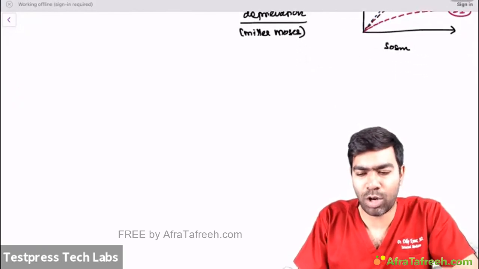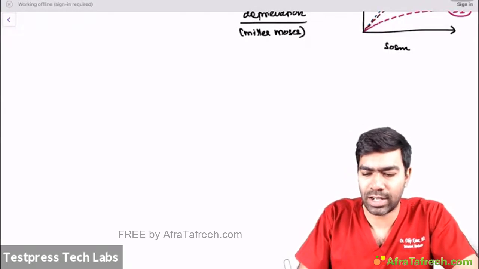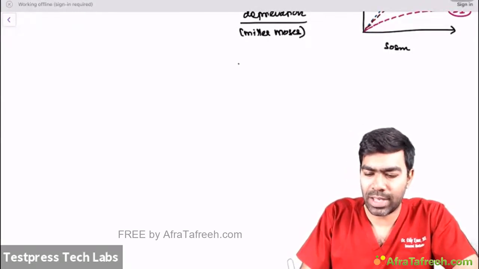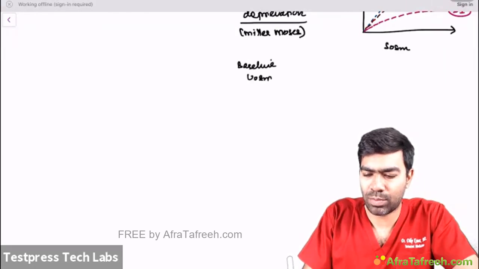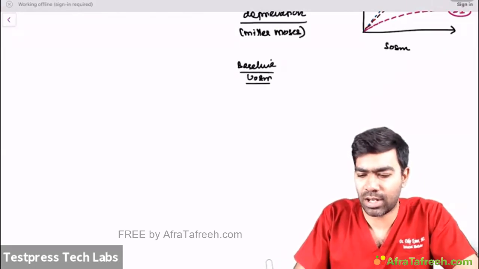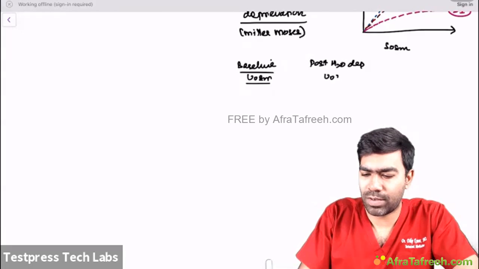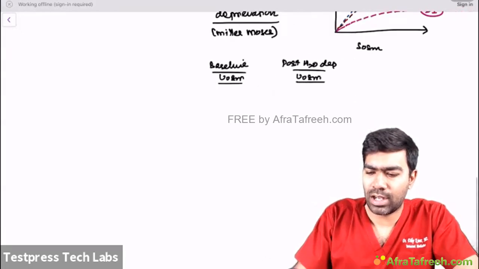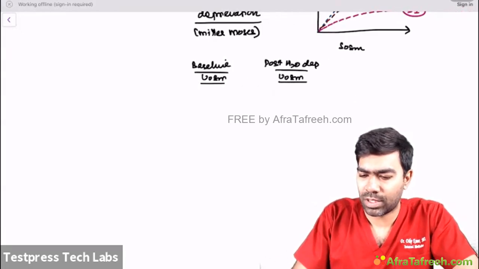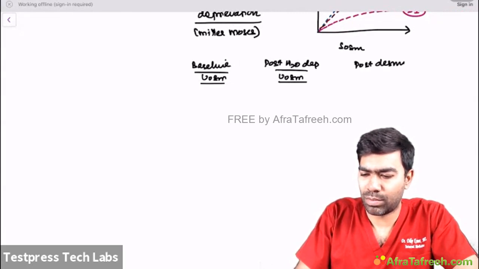So let us plot what will happen in a water deprivation test. Let us start with the baseline urine osmolality. Then we need to see the post-water deprivation urine osmolality, and what will be the post-desmopressin urine osmolality in this situation.